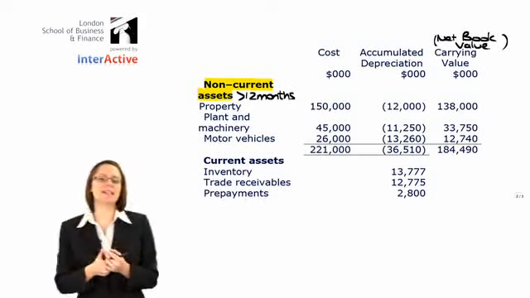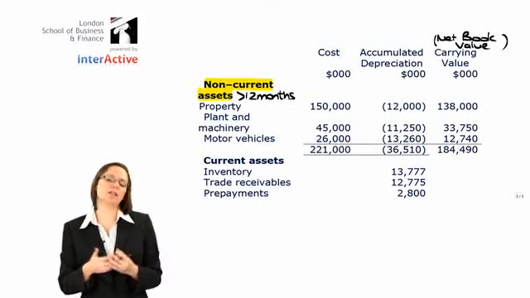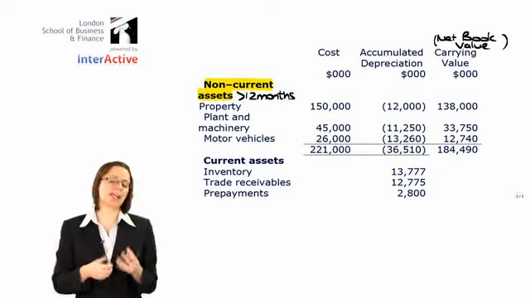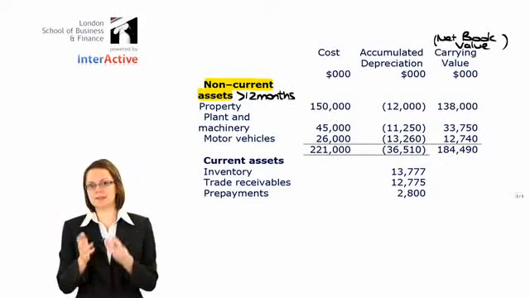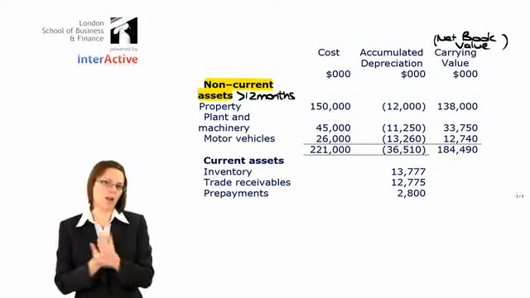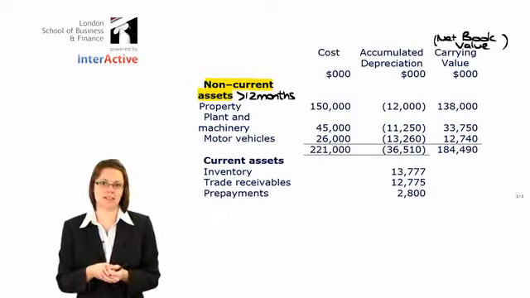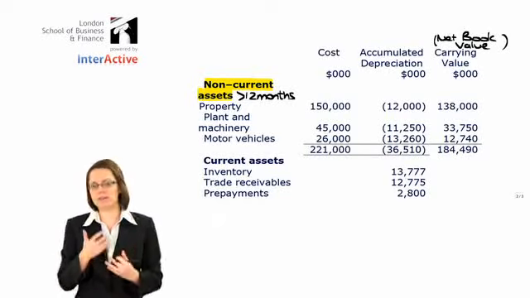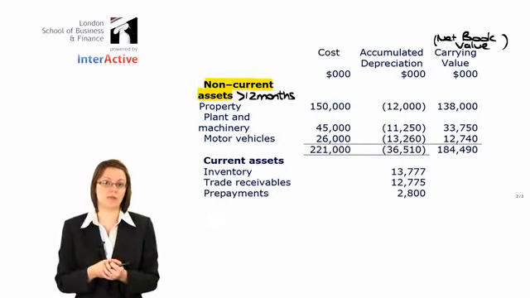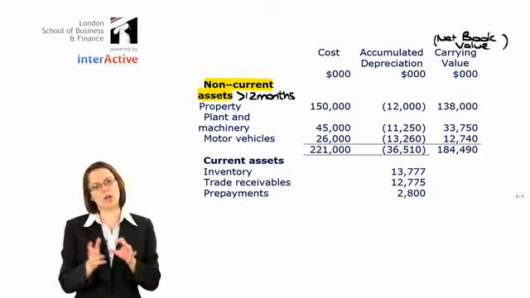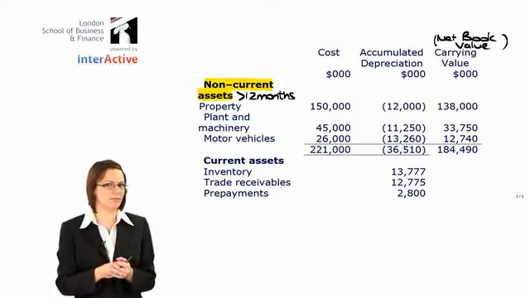Now, as time passes, the value of that building may depreciate. Now, depreciation is just an accounting estimate as a means of spreading the cost of the asset over its useful life. So maybe we think we might keep that building for 50 years, and we may have had that building in use for several years already. As time passes, that asset may go down in value and depreciate.